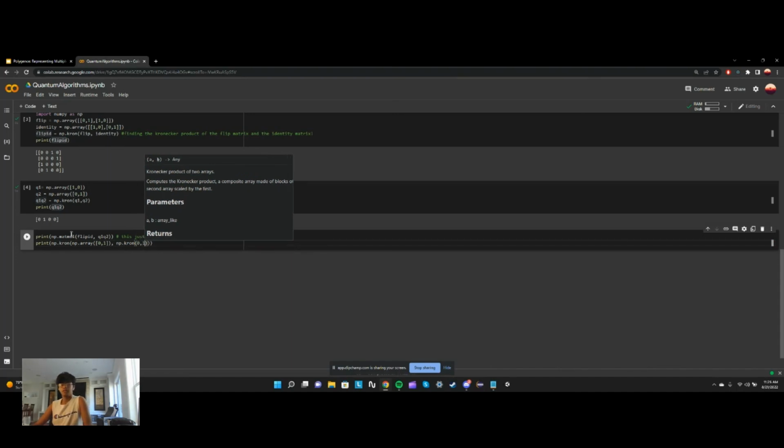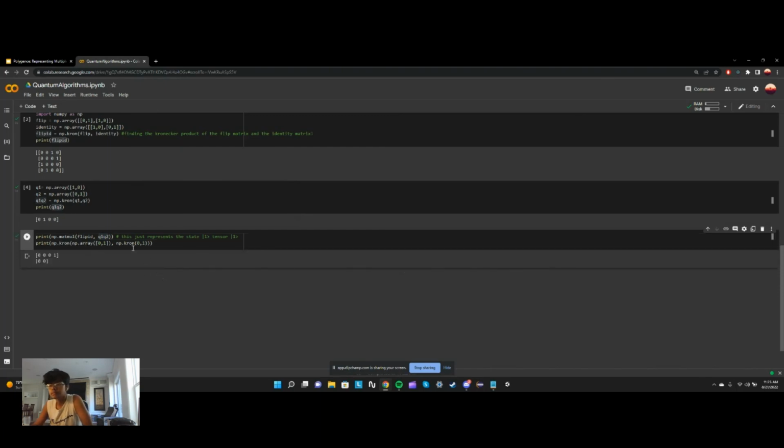Both of our one states, right? So then if we run this, oops, I know what happened. This should be an array. We cannot ever forget the brackets.